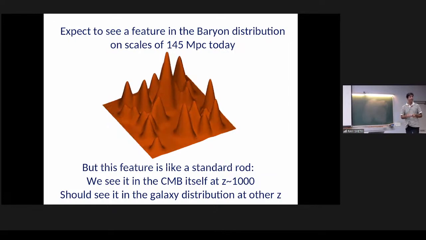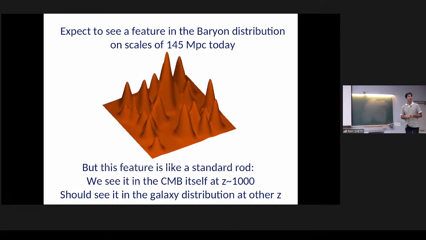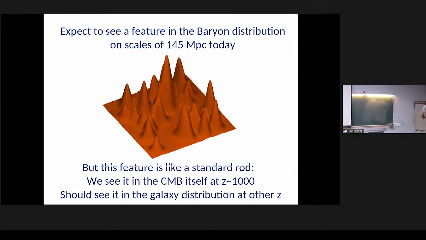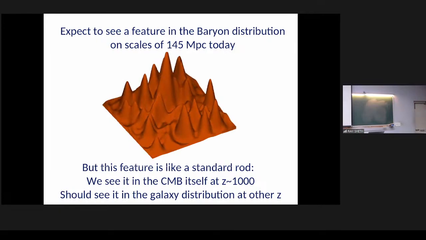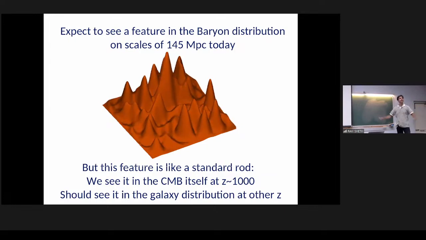So it's going to be difficult to see by eye, but statistically we should be able to see it. So that's the game that people are playing. They're trying to see this slight excess of baryons that are making spheres of radius 140 megaparsecs today.